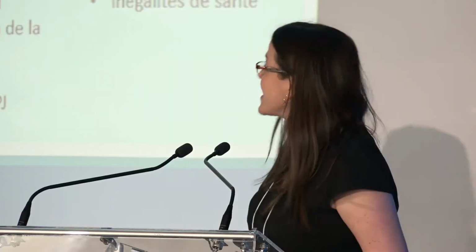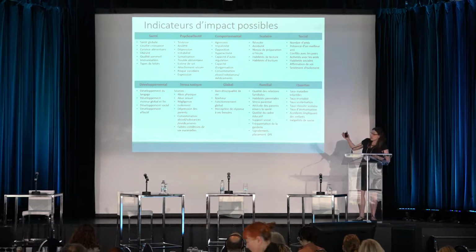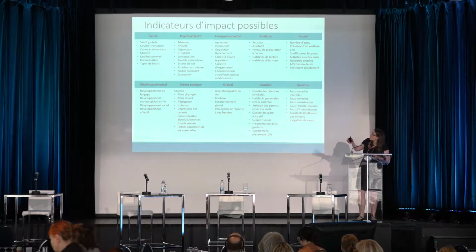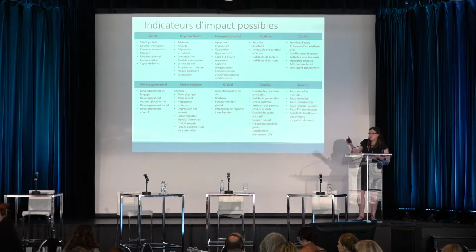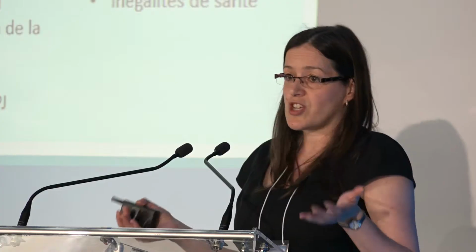Now, I understand that you're not able to read everything that's listed up here. Some of them are more relevant or less relevant than others, but these are all elements where I established a link with what's being done in the world of social pediatrics. There are lots of different dimensions in terms of health, about 10, the psycho-emotional side, the behavioral, schooling, social, developmental, toxic stress.